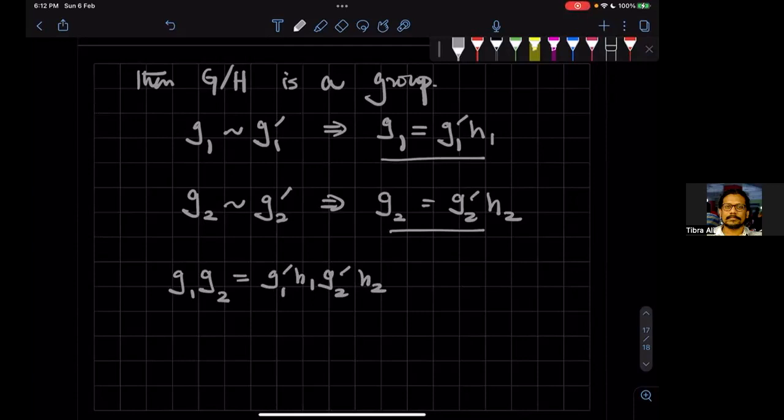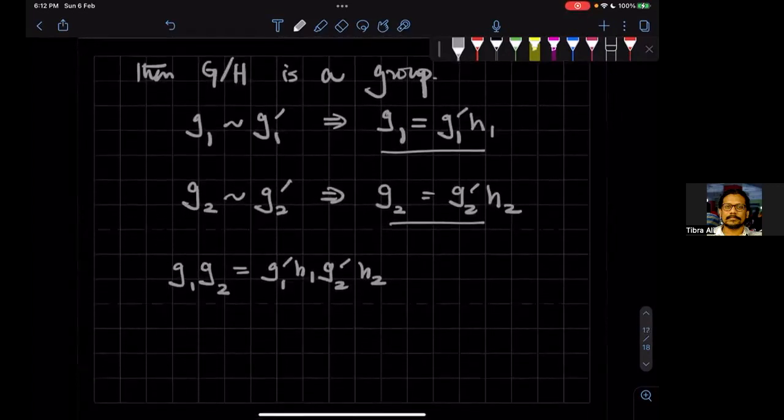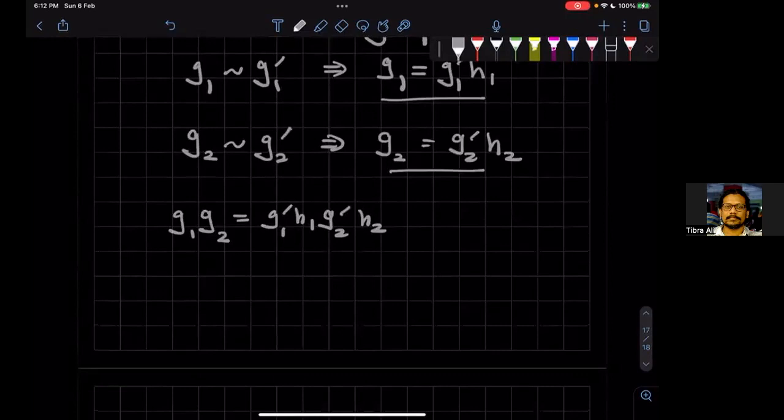But we see that H is a normal subgroup. Okay, so if H is a normal subgroup, what does this mean? This means that h1 g2 prime is going to be g2 prime h1 prime, right? Or actually the other way around, sorry.